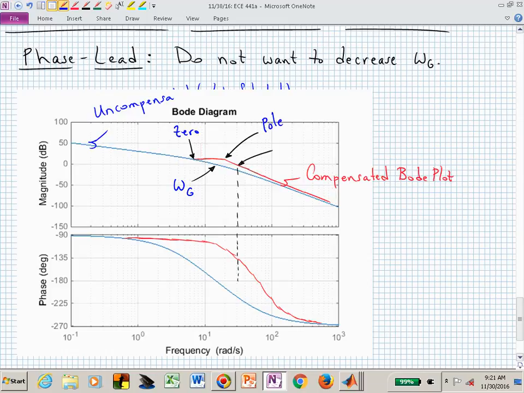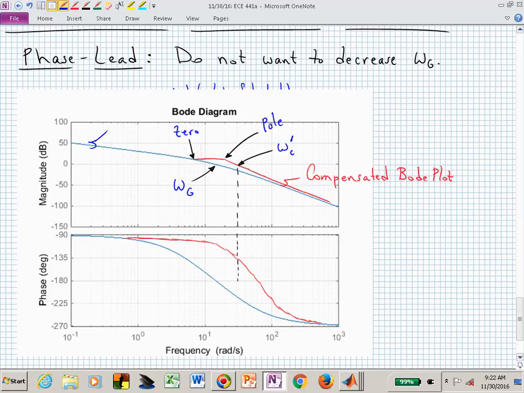And then the last arrow, which is now pointing to the compensated Bode plot, we've now moved our crossover frequency a little bit higher, but now we're going to call that, I better look at my notes to make sure, I think we are going to be calling that omega sub m. But in this case, we could just as easily, to be consistent with before, say it's omega sub c prime.